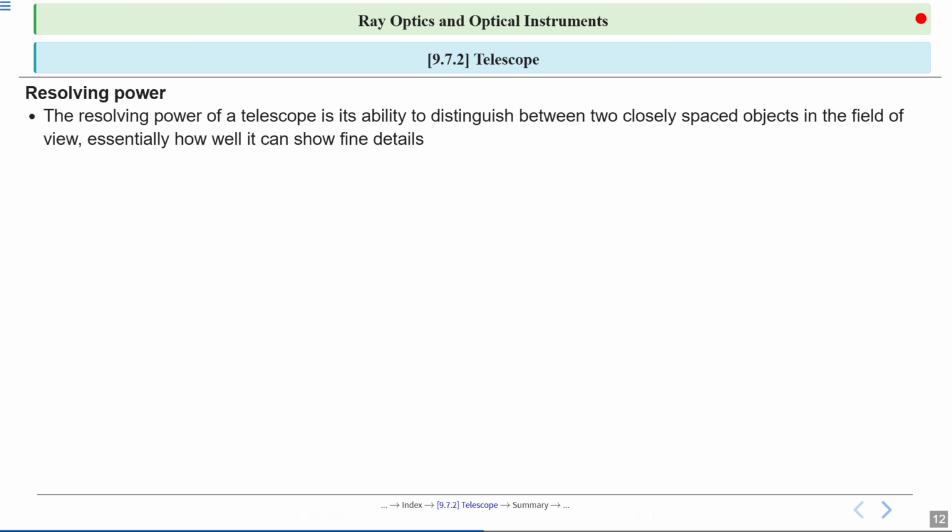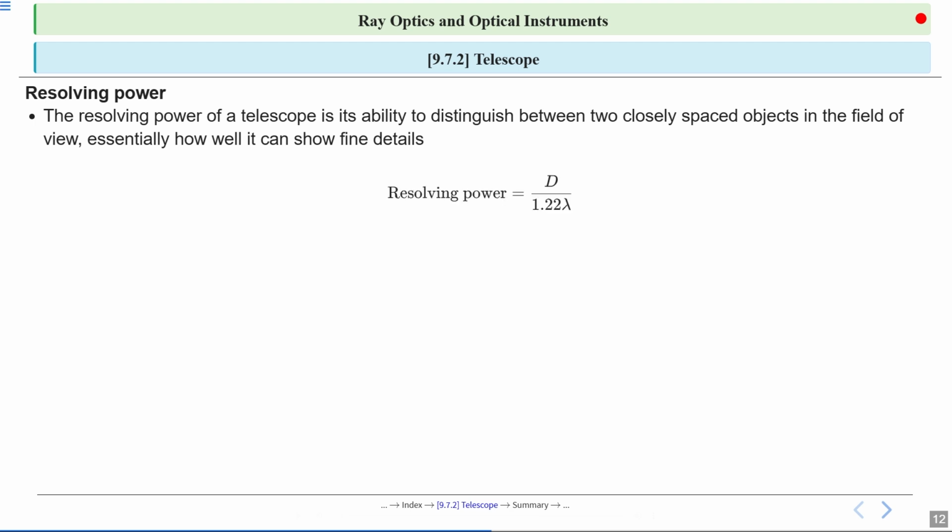Like it can show two stars that are separated by 1 arc minute when viewed by the naked eye. When viewed by the telescope, they appear to be separated by 1.67 degrees, which is 100 times 1 arc minute. So what is the telescope's ability to show two different objects separately, to resolve them or to show the fine details?